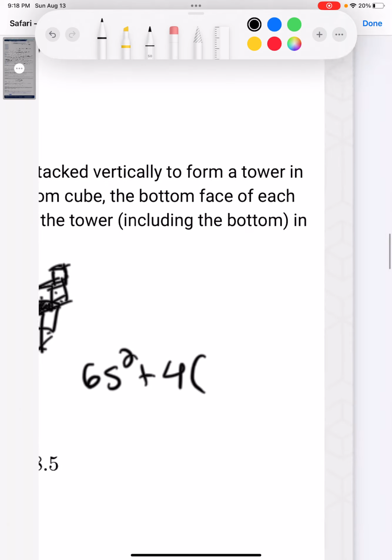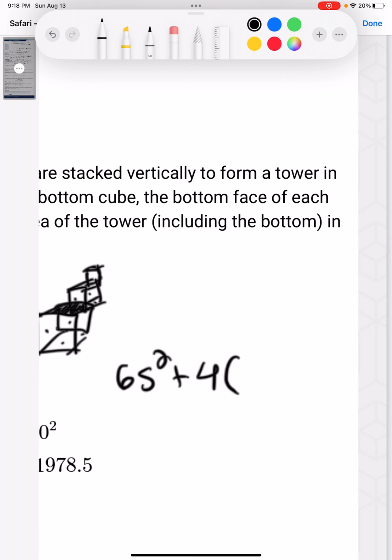So 4 times the remaining 6 squared plus 5 squared plus 4 squared, which is 61, 77 plus 14. 81 times 4. This should be 91, sorry.